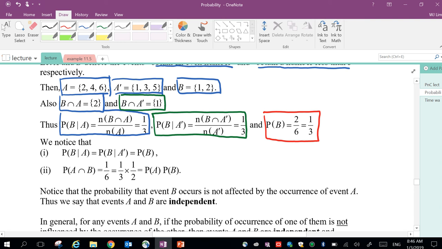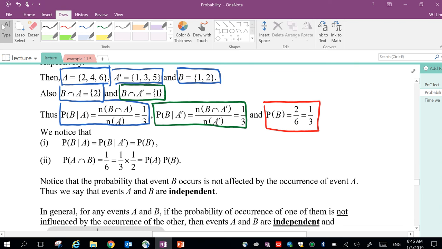Do you notice something? The probability is the same throughout. It's all 1/3. What does it mean?